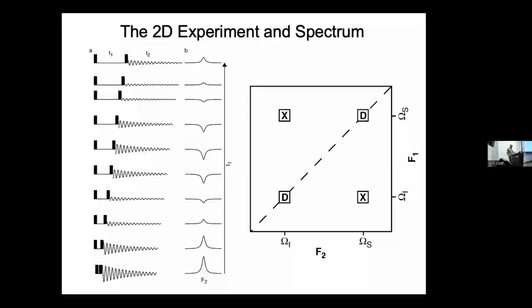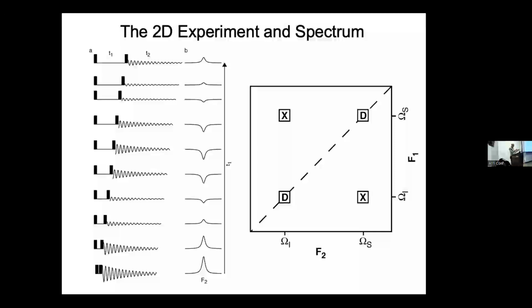So here's the idea. We're going to start those two pulses close together. T1 will be 0. We'll only see the cosine term because cosine of 0 is 1. Then we move them a little bit apart and record a spectrum, and the amplitude and/or phase of the spectrum is going to change because of evolution during the T1 period.